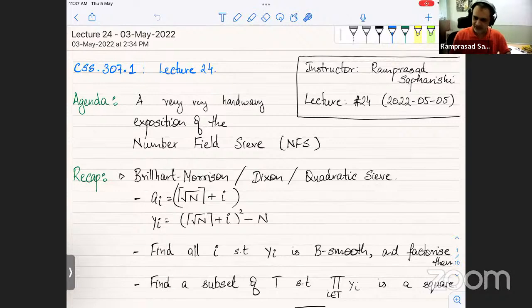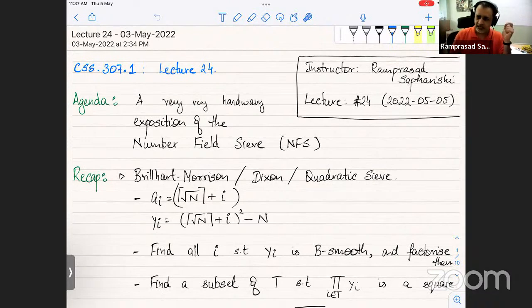Let me briefly recap the things that we have done so far. We started with the Brillhart-Morrison approach, a congruence of squares approach to factorization of integers. As you recall, congruence of squares was attempted a long time back. It goes all the way to Kraitchik, and even Fermat had attempts to come up with congruence of squares.